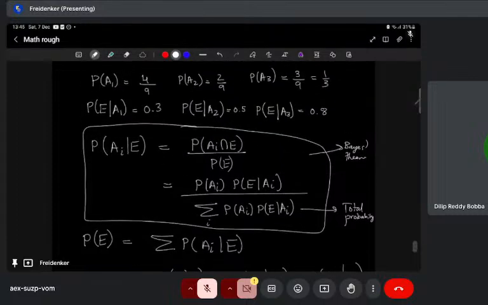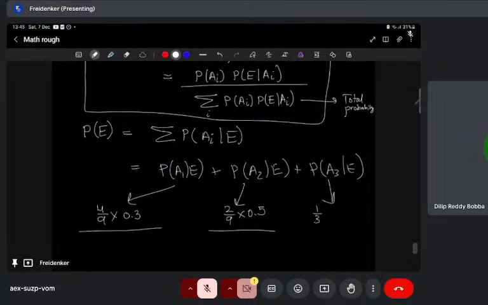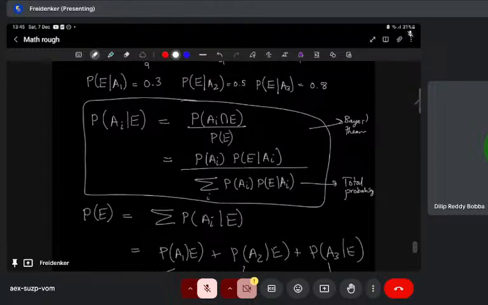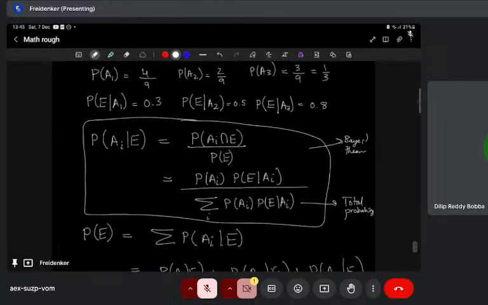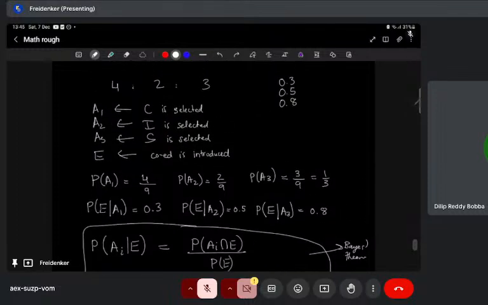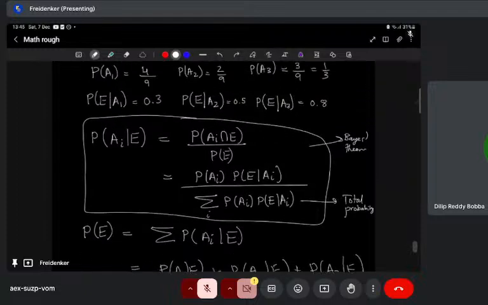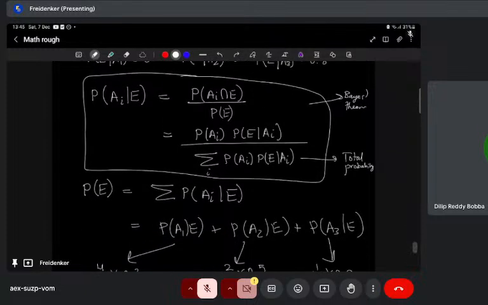Here it is 1 by 3 into 0.8. The denominator is the same for everything, which is probability of E, and probability of E is not given. So fine, just find probability of E then.